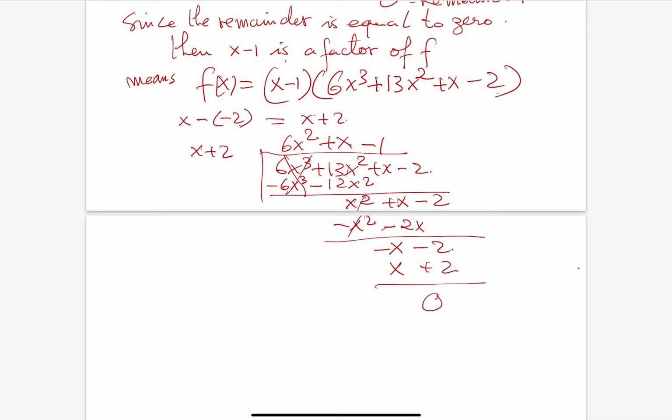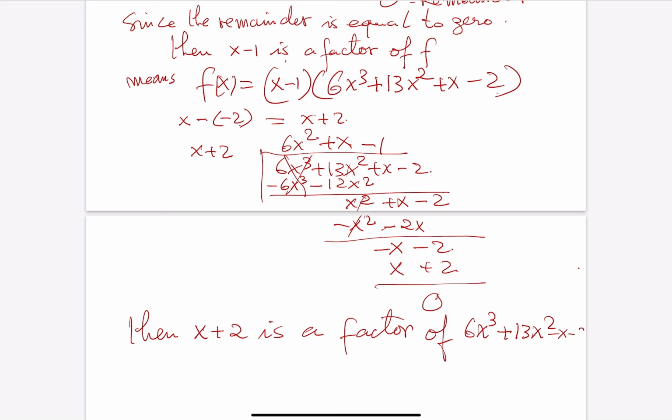Since the remainder equals 0, we can conclude that x plus 2 is a factor of 6x to the third plus 13x squared minus x minus 2.